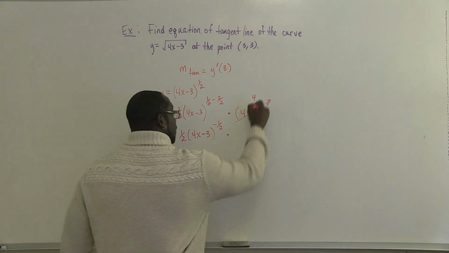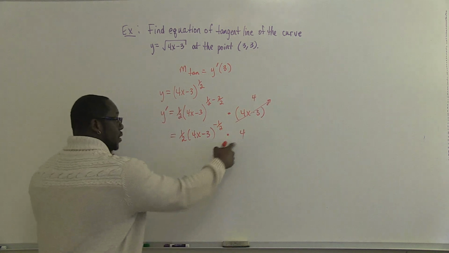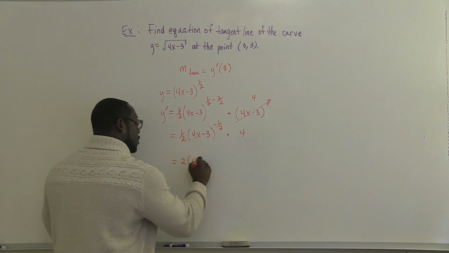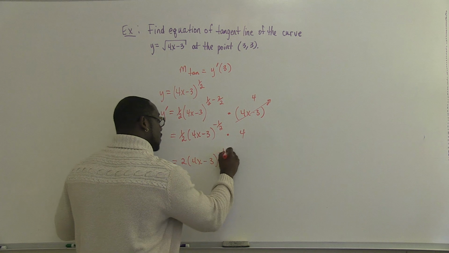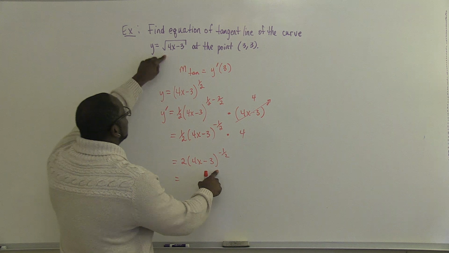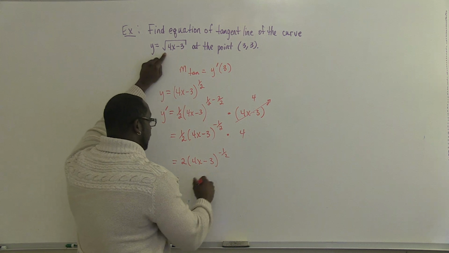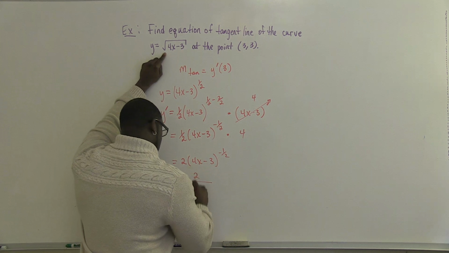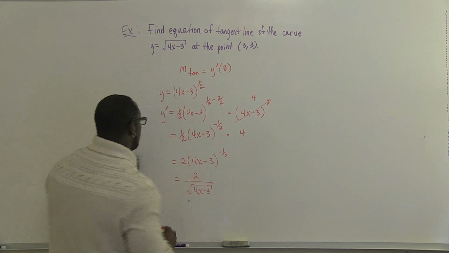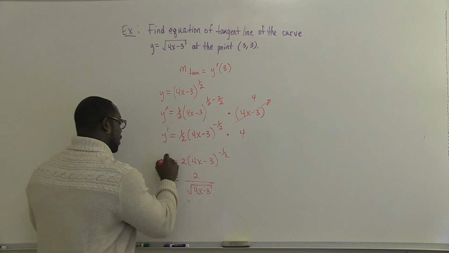So all this just ends up being 4. And so from here, 4 times 1/2 is 2. And then if we rewrite this in terms of having it in root, the derivative of our function will look like this.